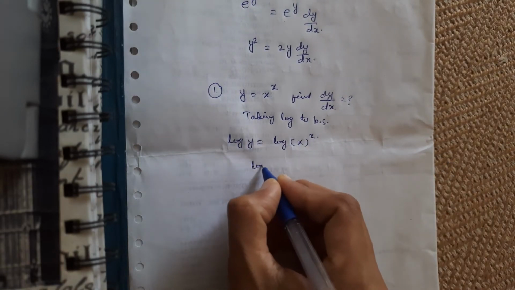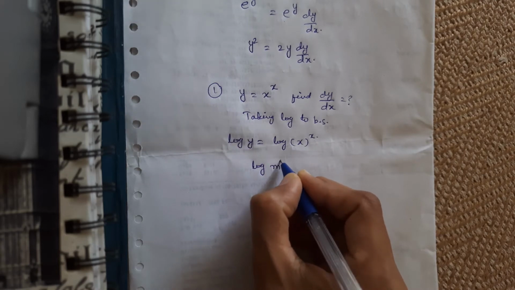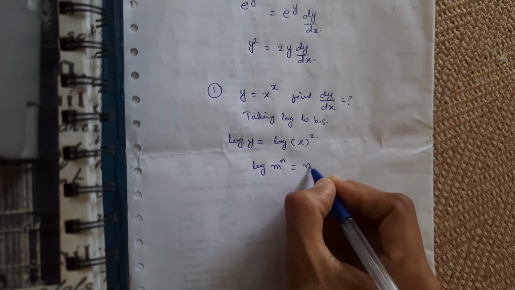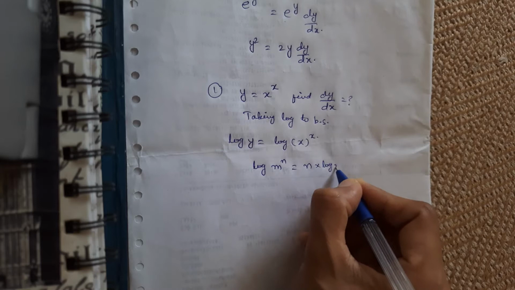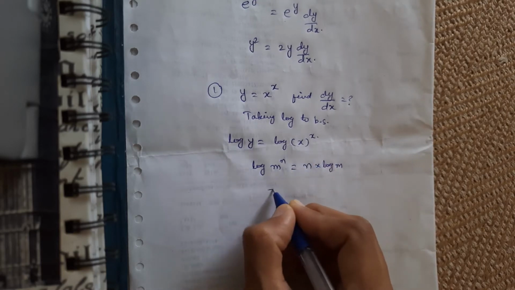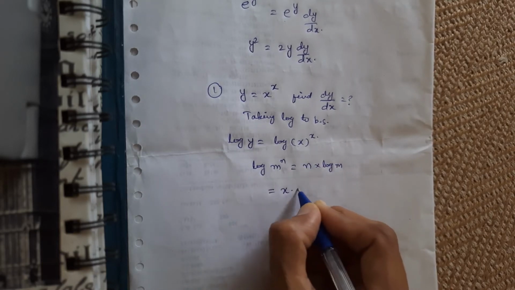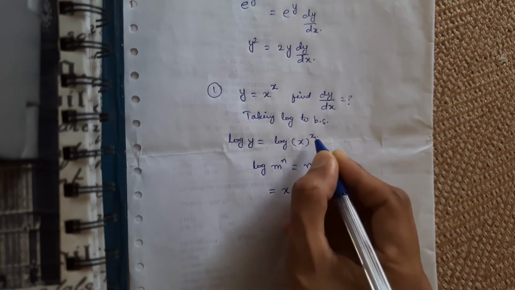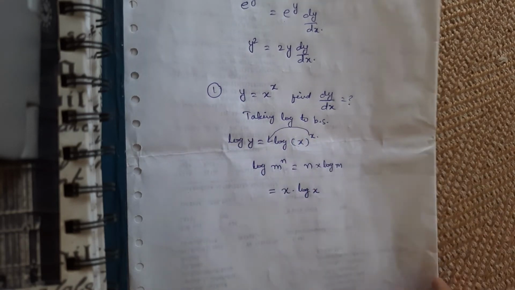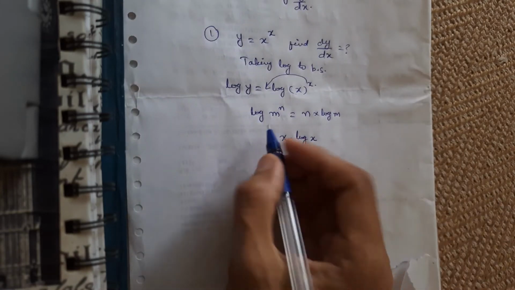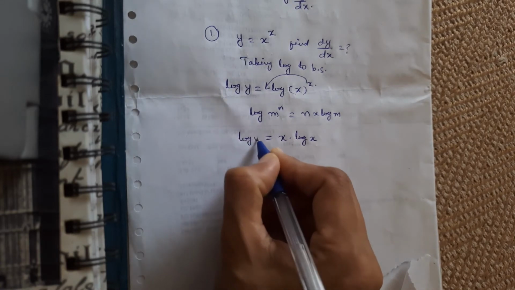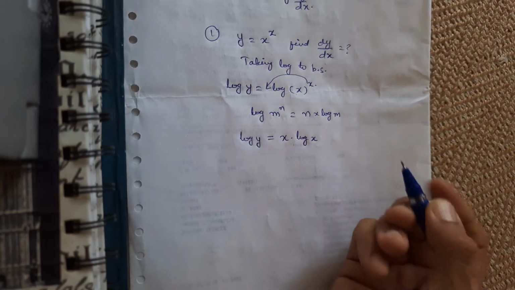Now from the logarithmic law we know that log m to the power n is n into log of m, and applying the same rule I will simplify it as x into log of x. This x comes here in multiplication. So now my function becomes log y equals x into log x.